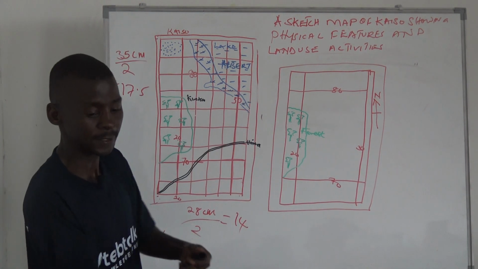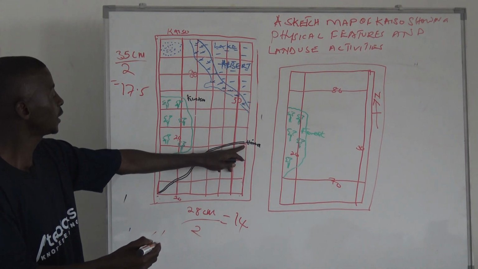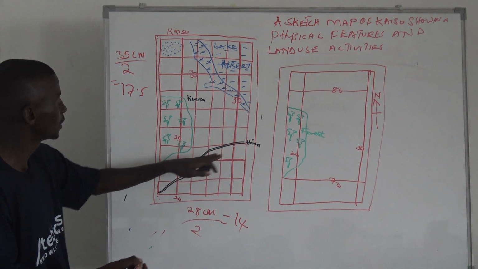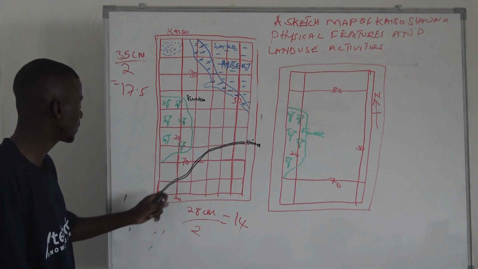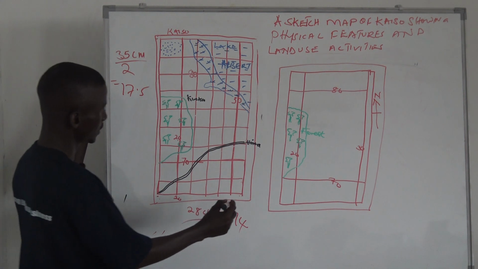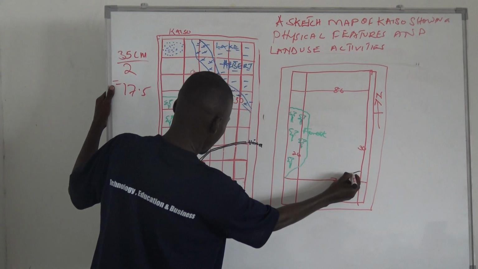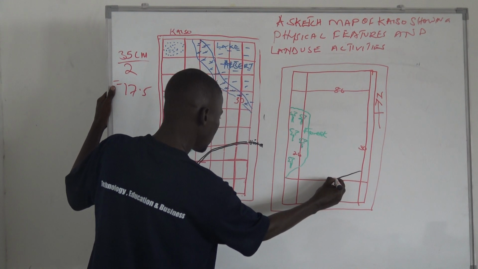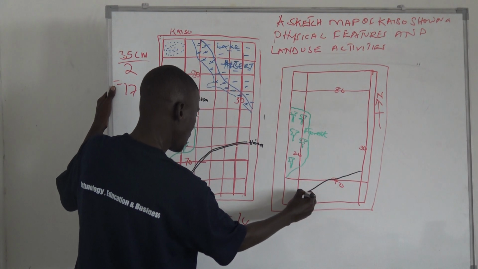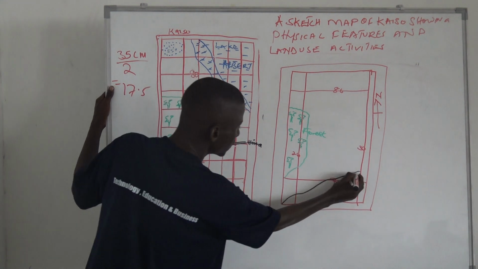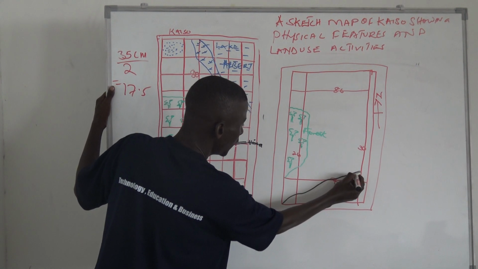The road as you are seeing it down here is in the south. It is coming from southeast, southwest. So it has crossed line 70 slightly, and it ends in this end.